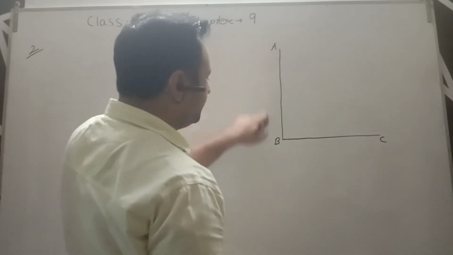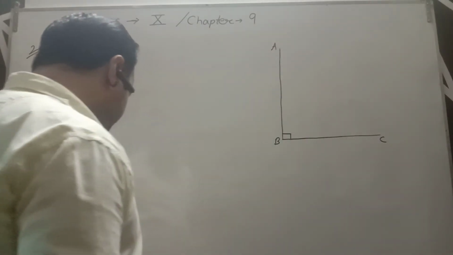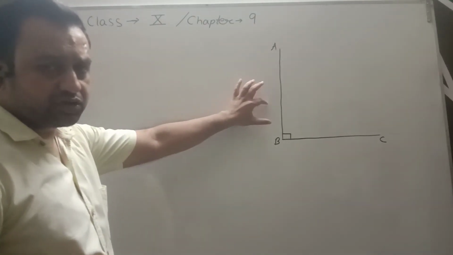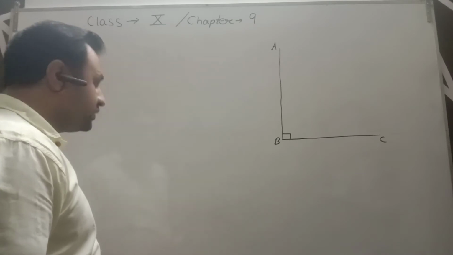In which AB is a tree and BC is the ground. The tree breaks due to storm, and the broken part bends.